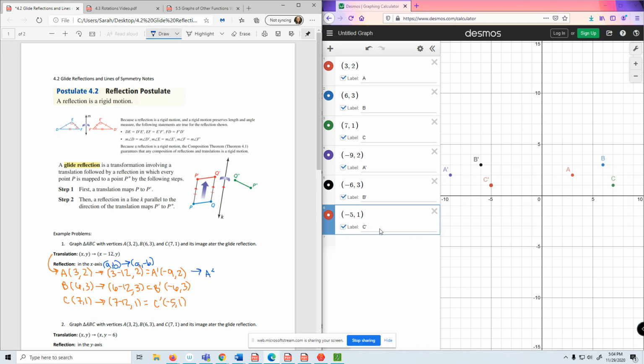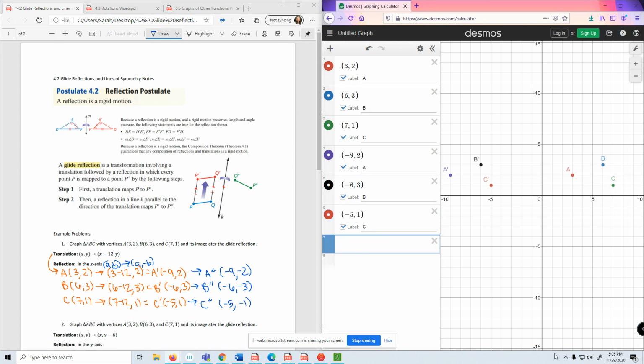So for A double prime, if I'm going to do the reflection there, my x-coordinate stays the same, negative 9. My y-coordinate changes sign, so negative 2. B double prime, x-coordinate negative 6 stays the same. 3 becomes negative 3 for the y-coordinate. C double prime, x-coordinate negative 5 stays the same. 1 becomes negative 1 for the y-coordinate.